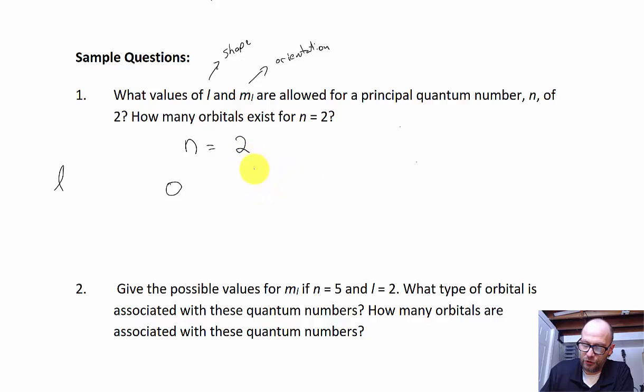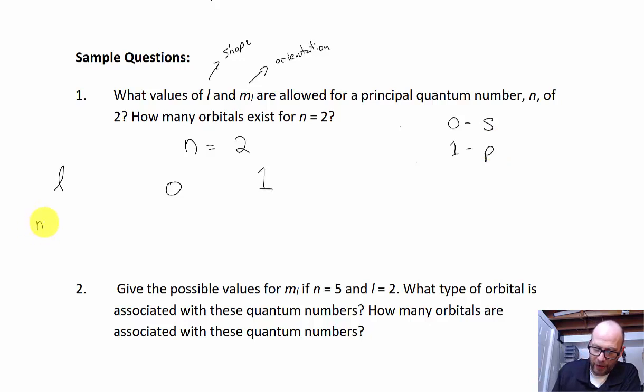So 0 and 1. Those are my possible L values. 0 is an s orbital. 1 is a p-shaped orbital. So s is the spherical ones, p is the dumbbell-shaped ones.